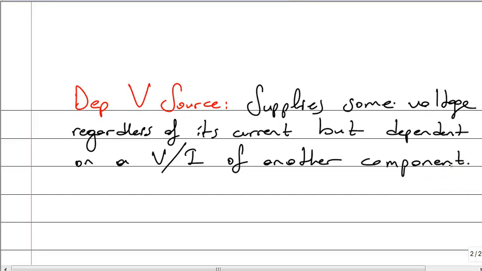Its voltage is a function of another component's voltage or current.